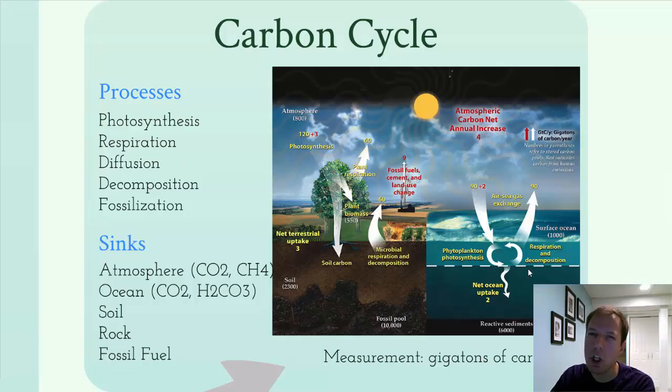In particular, shell-forming organisms, think things like clams and oysters, will actually use that carbon to build their shells. And that effectively is going to fossilize some of that carbon into a kind of permanent sediments. So you can see the reactive sediments here at the bottom is going to be made up a lot of those shells, the shells of corals and clams, all combined together there at the bottom of the ocean.